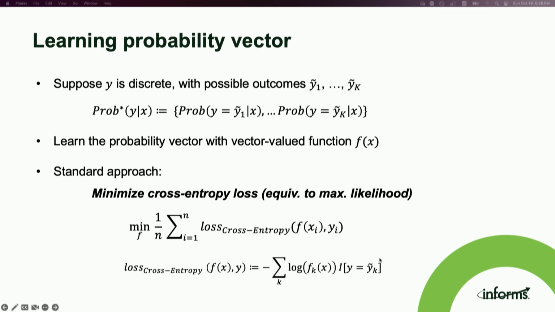Now, let's move to a specific setting where the random parameter y is discrete. In this specific setting, there are only finitely many possible outcomes of the random parameter, and in this case, the conditional distribution of y could be represented by a finite-dimensional vector.